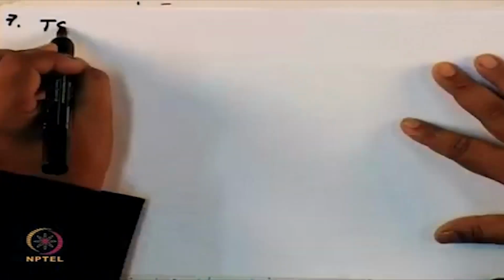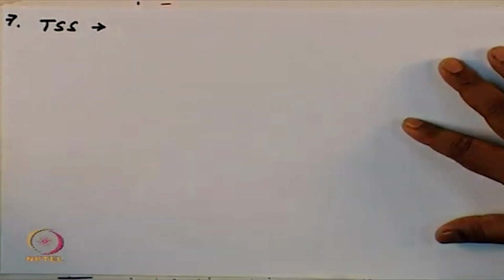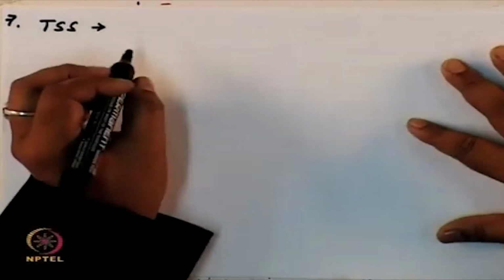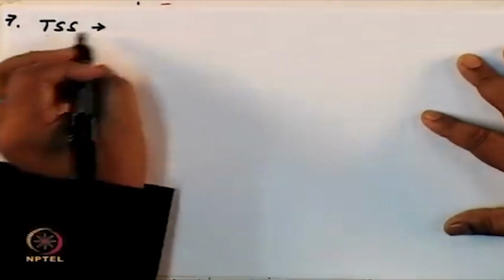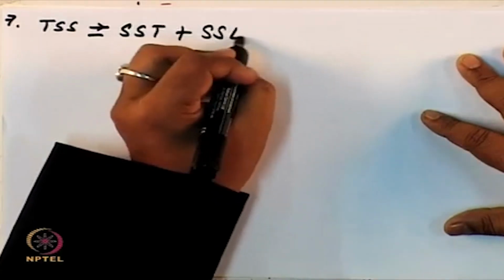So, in ANOVA you distribute the TSS into two fragments. One you call SST, so TSS equals SST plus SSE.